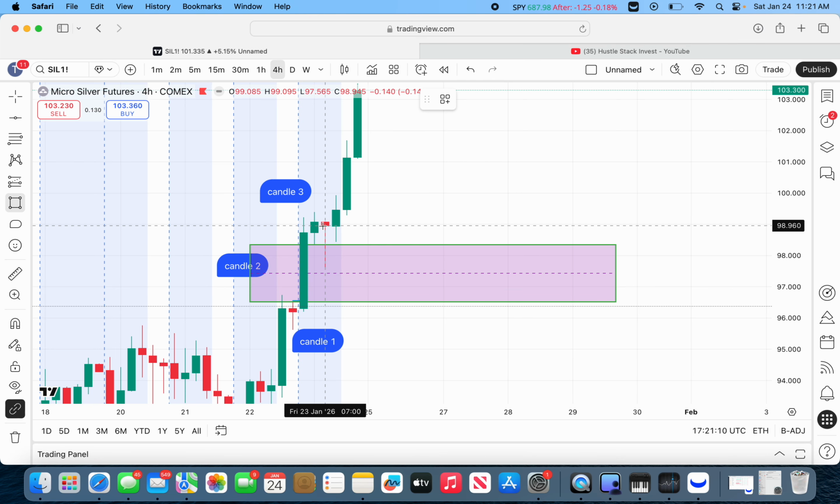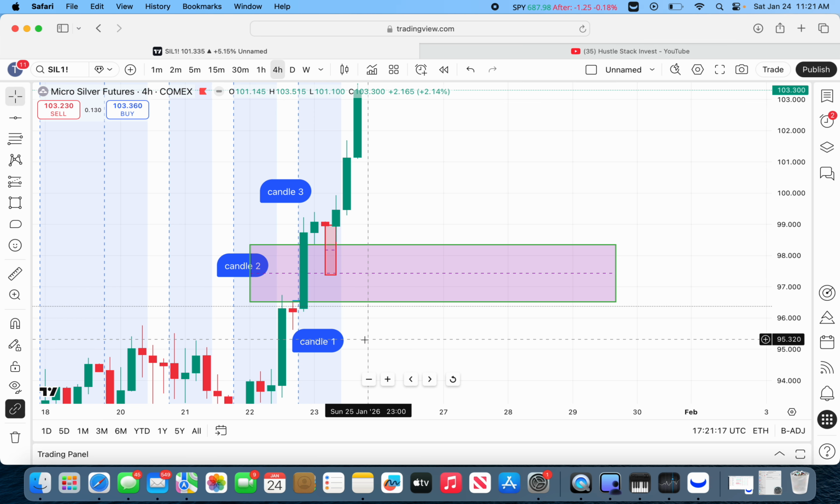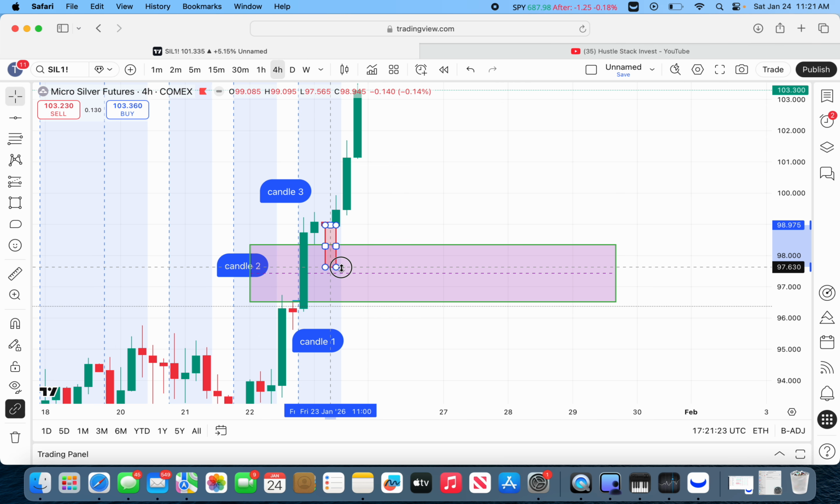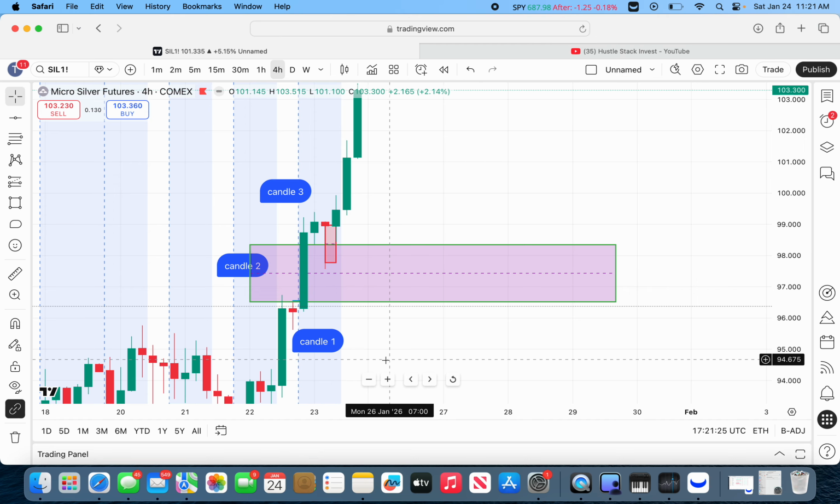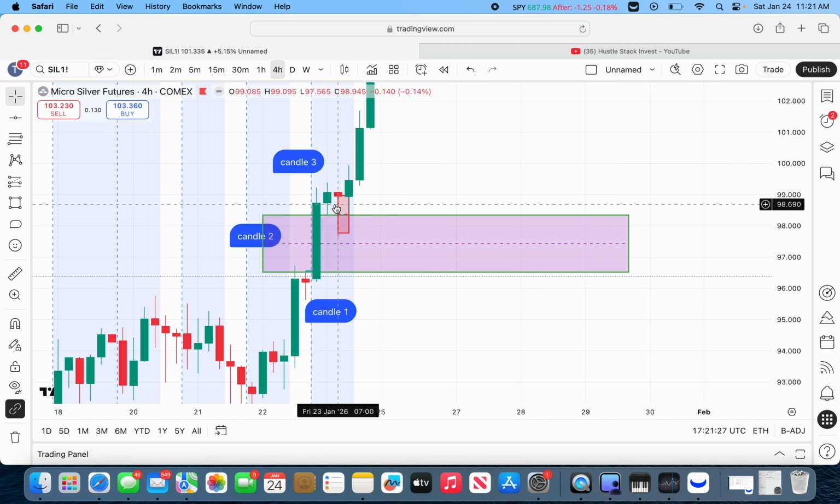If price comes into this fair value gap and it closes fully in this fair value gap like this, and the candle is closed now, we no longer want to look at it, because now what can happen is we get an inverse fair value gap. The inverse fair value gap is just when you have an original fair value gap, which is this one we've been talking about, and then you get another fair value gap that basically disrespects this fair value gap, right?